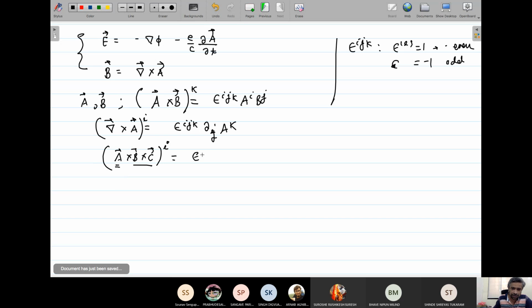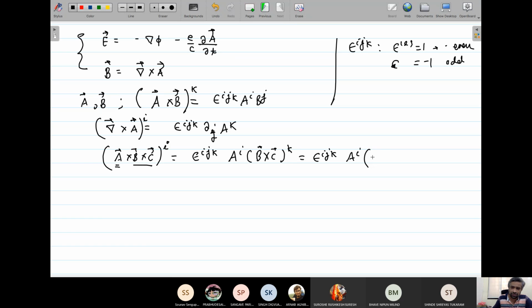So it will be epsilon ijk a_i times the kth component of B cross C. The kth component of B cross C is another epsilon, and this time you use different indices.